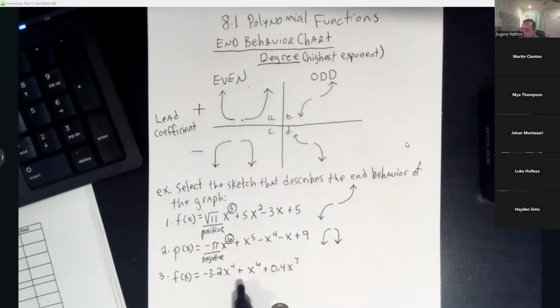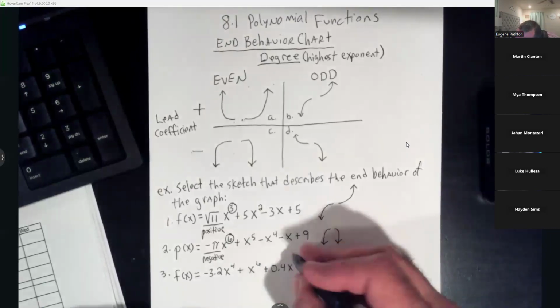And if you look, this one's not in descending order. If it was, the 0.4 x to the 7 would be first, then the x to the 6, then that negative 3.2 x to the 4.